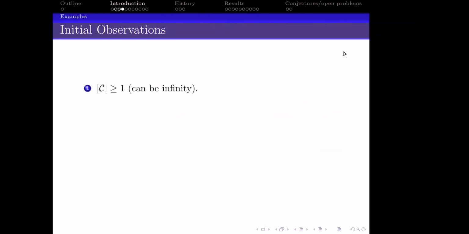So let's talk about a few observations which are useful. As I mentioned, there is always at least one critical point because the maximum has to be there. And any critical point, in fact, can only be either a saddle point or a maximum of V, right? Because Laplacian is negative, by the minimum principle there are no minima inside.